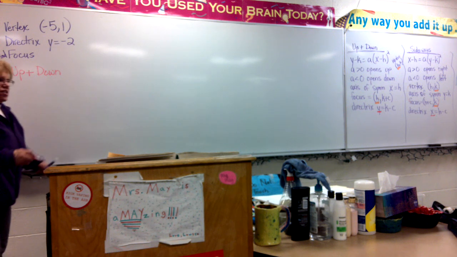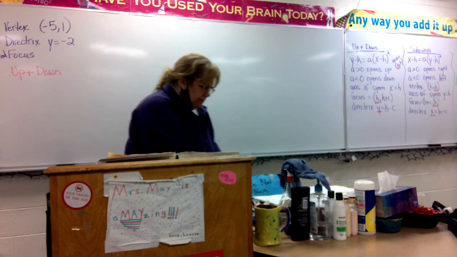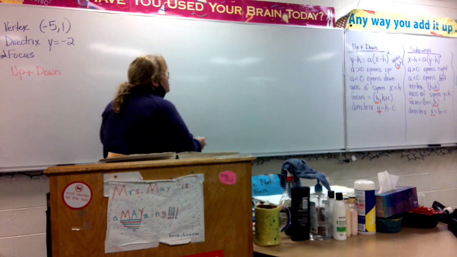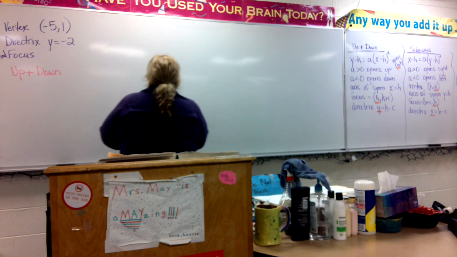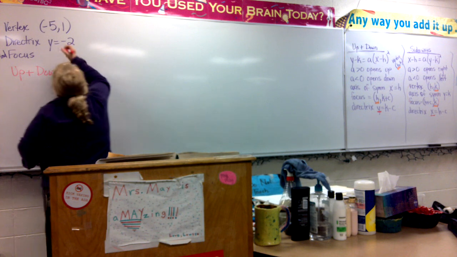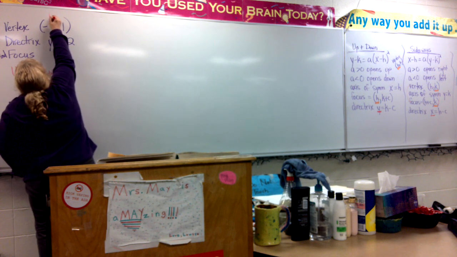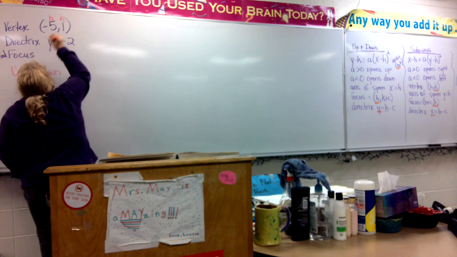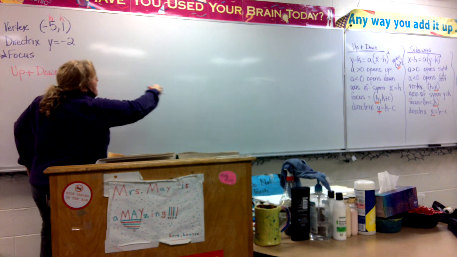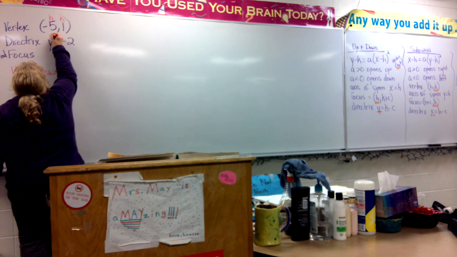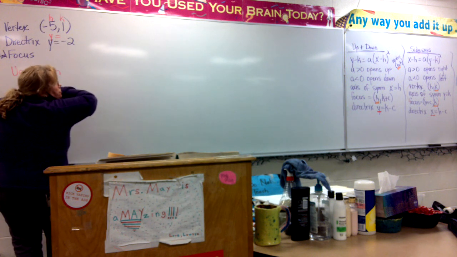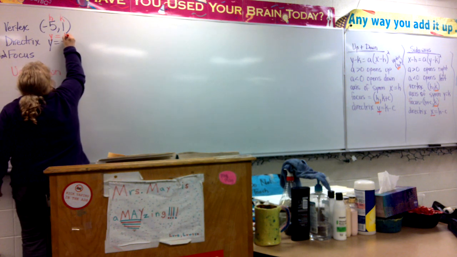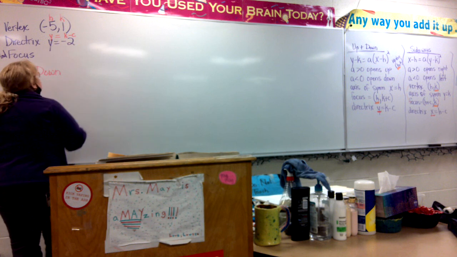And the reason you need to know that is because of all the letters over there. For an up and down, the vertex is (h, k). For an up and down, the directrix is y equals k minus c.